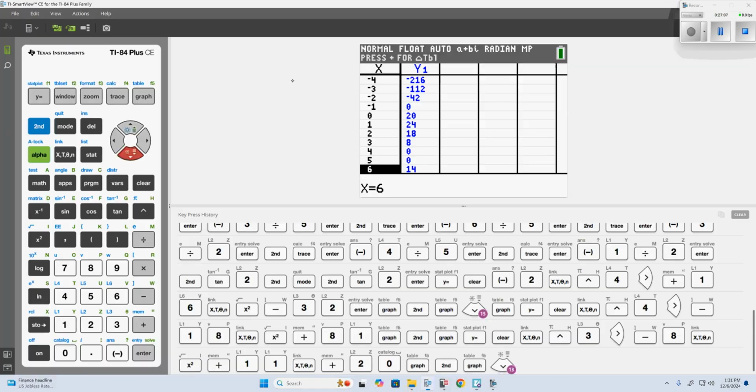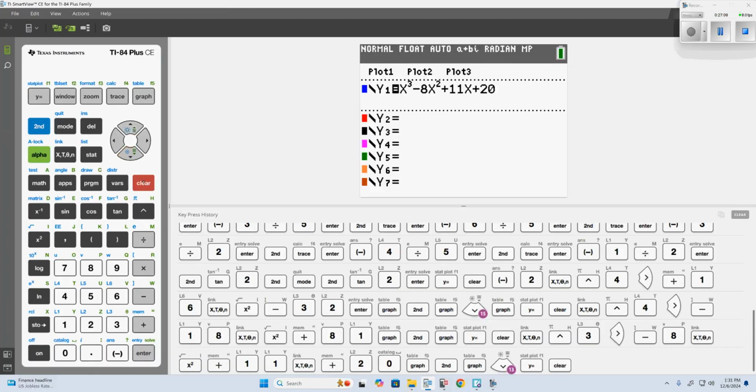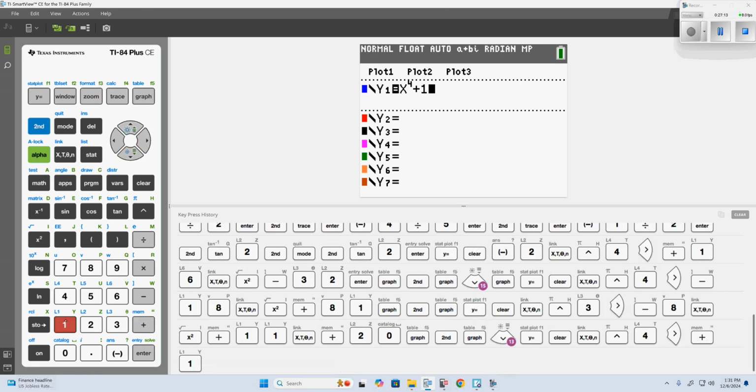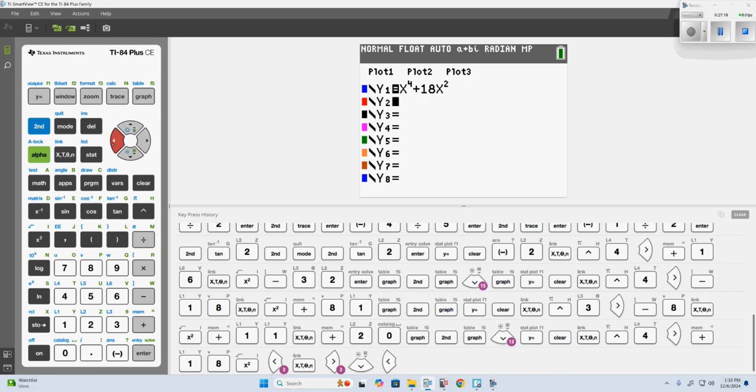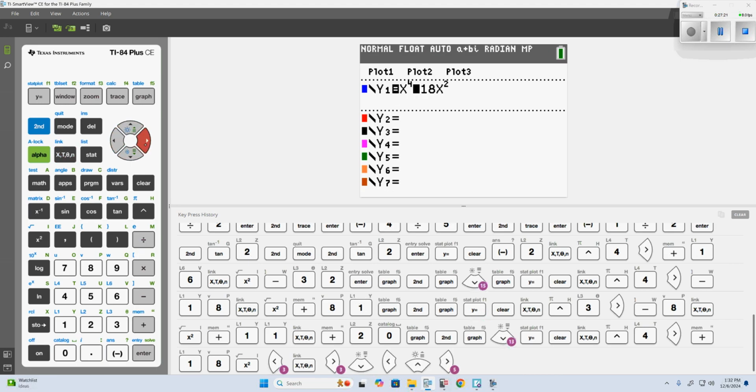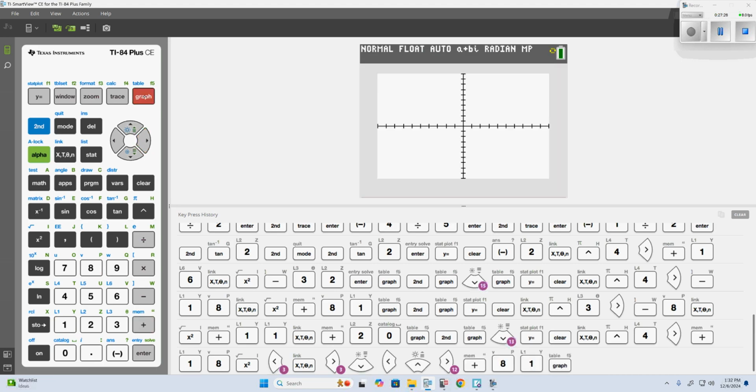Something like this here, where if we go and graph it, x to the 4th plus 18x squared plus 81, it doesn't intersect the x-axis. We have to do other things to solve them.